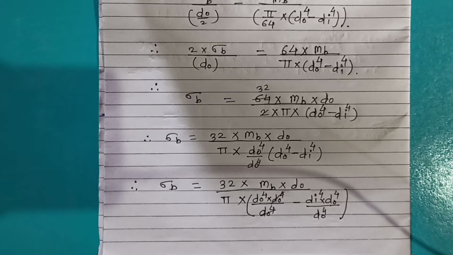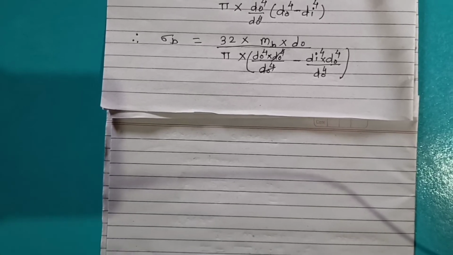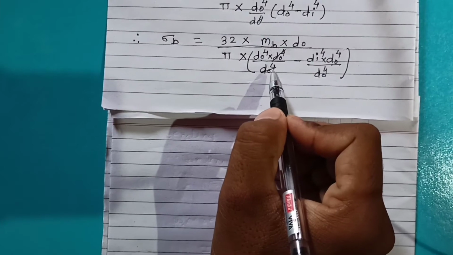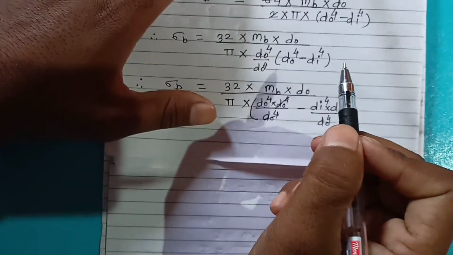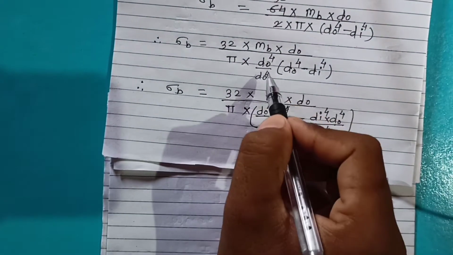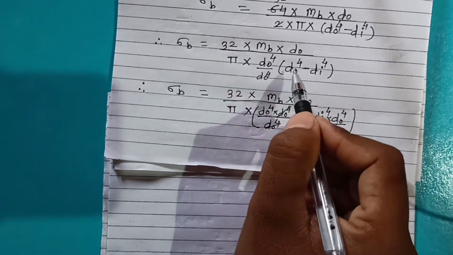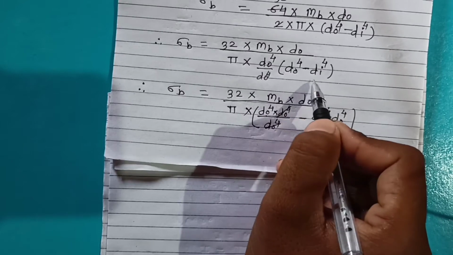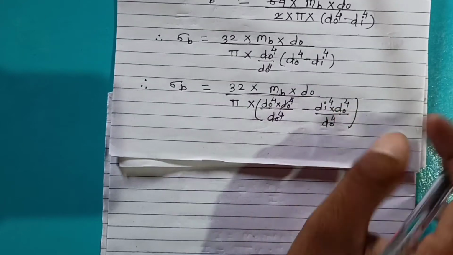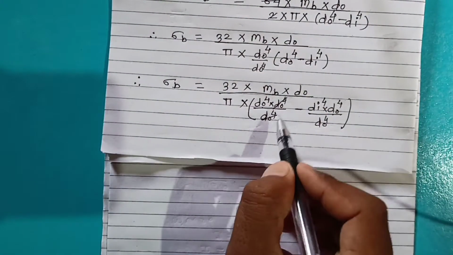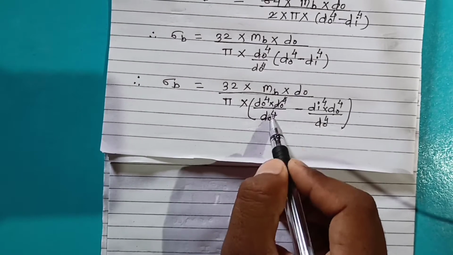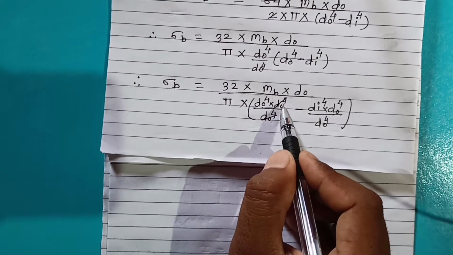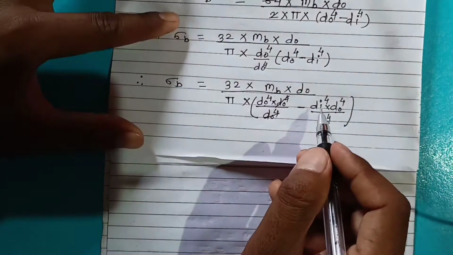Now in this term, what I am doing here, with the help of do raised to 4 and do raised to 4, is multiplying by this bracket and dividing by this bracket. After that, the do raised to 4 gets cancelled with this do raised to 4, and what is remaining in this bracket?